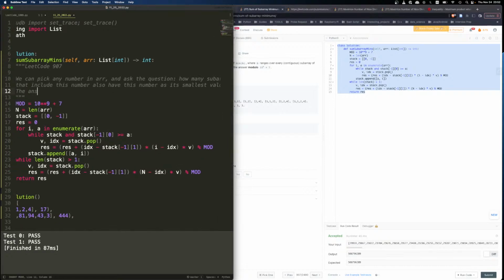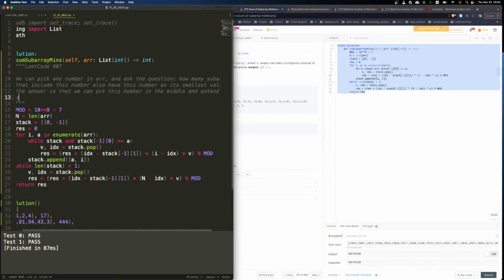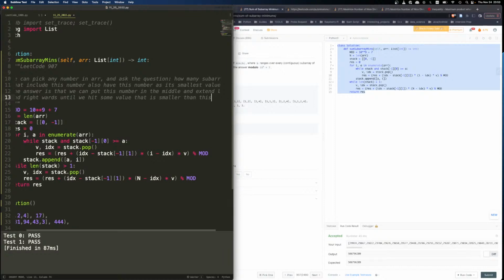Now the answer is that we can put this number in the middle and extend left and right until we hit some value that is smaller than this number.